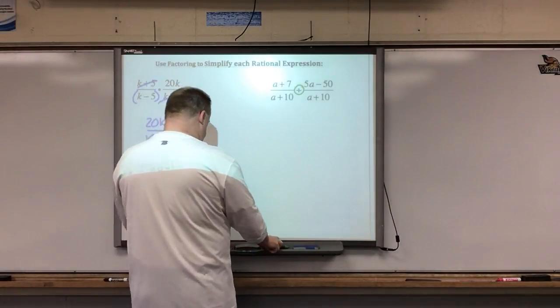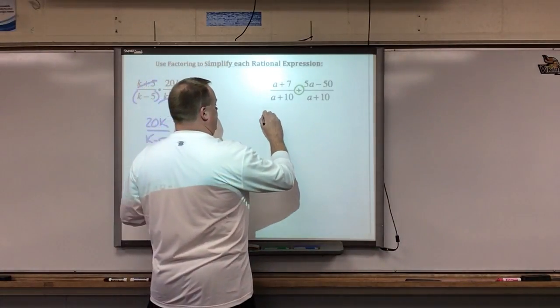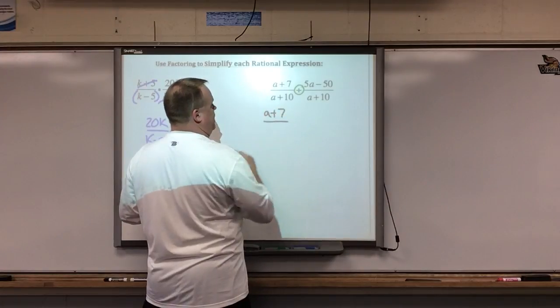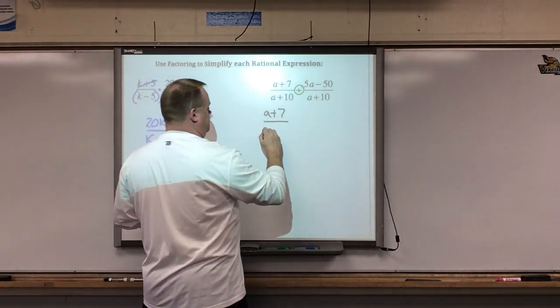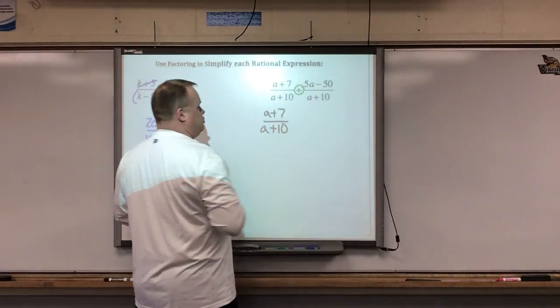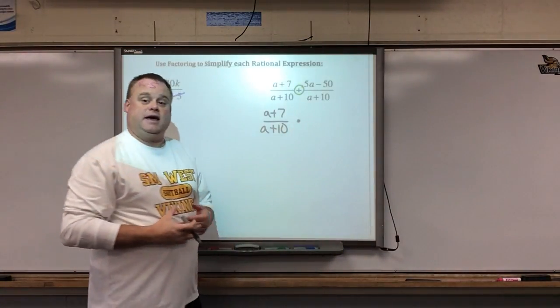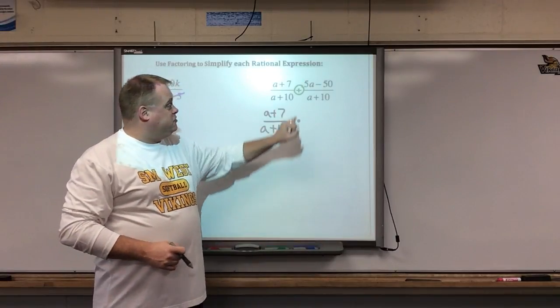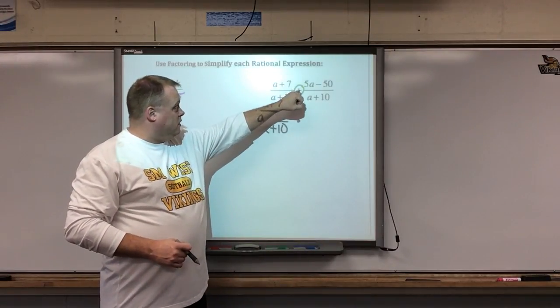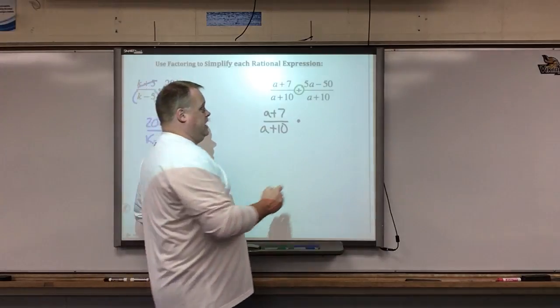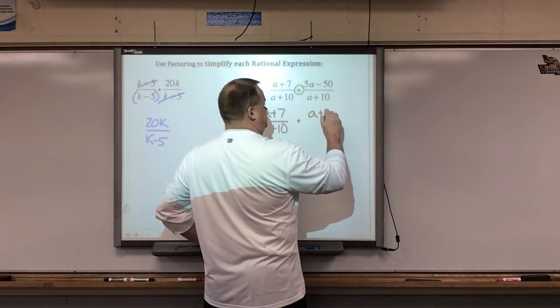So what I'm going to do here is rewrite the first rational expression, just right there. I'm going to say multiply, and now I'm going to flip it. I've changed my sign from division to multiplication, and now I'm going to flip that rational expression.